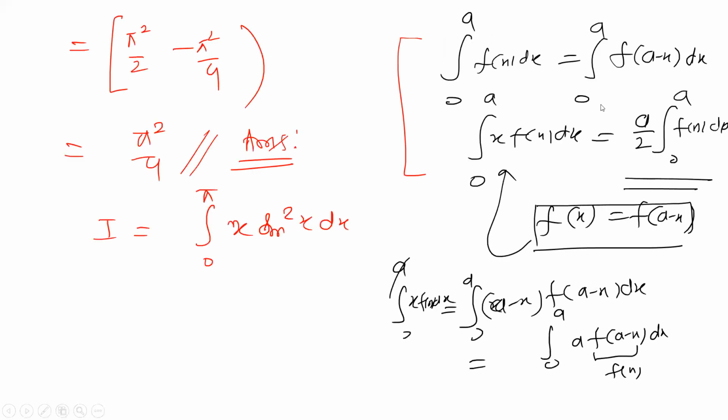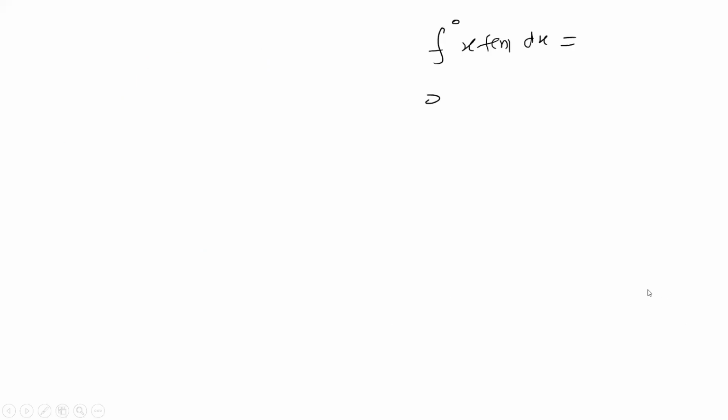Here is the integral from 0 to a of f(x) dx. We will get the integral from 0 to a, and minus, sorry, here a minus x also, then minus the integral from 0 to a of f(a minus x) dx, the second term.